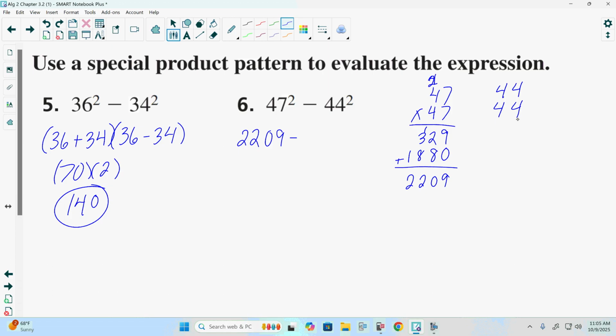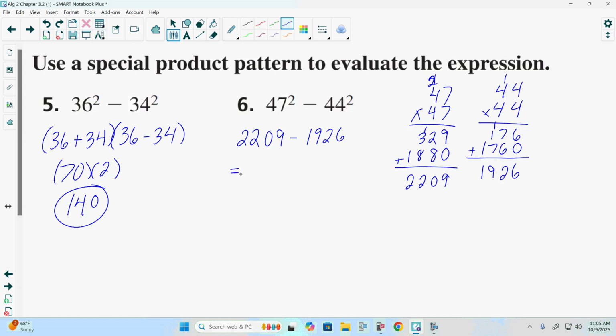Have to do the same thing with 44. Carry the 1, 17, which gives us 1,936.